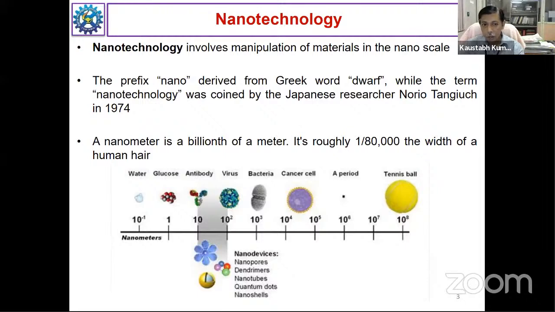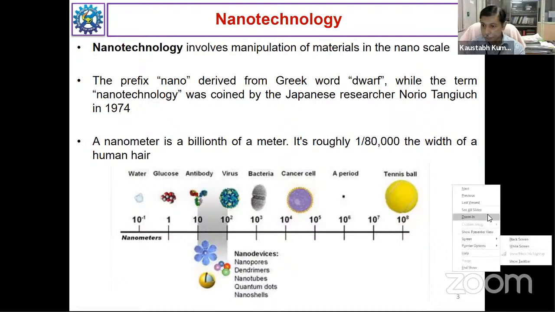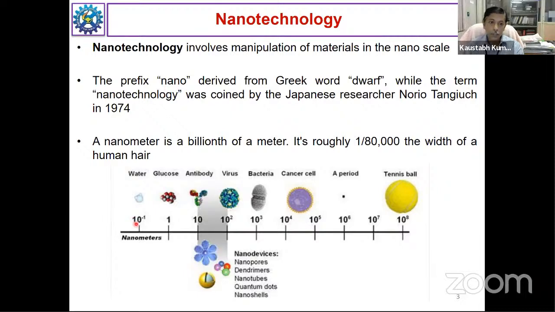If you look at different materials as bulk materials, from water to a tennis ball, you can see the dimension size of all of these on this scale. So we are going to play with nanometer-size particles, which have tremendous potential. I am going to tell you what this potential is and how it can be applied.